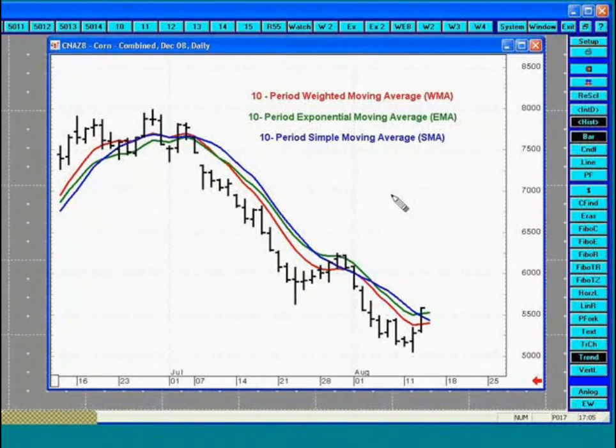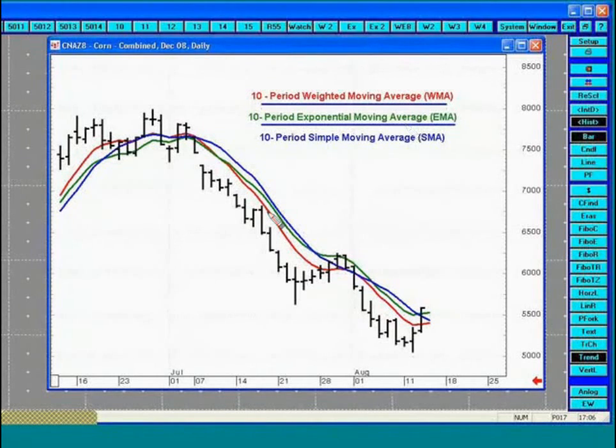And again, I'm not going to spend time discussing the math and the formula behind calculating these moving averages, except to simply say that the exponential moving average and the weighted moving average differ from a simple moving average in that they put more weight or more value on the front numbers.